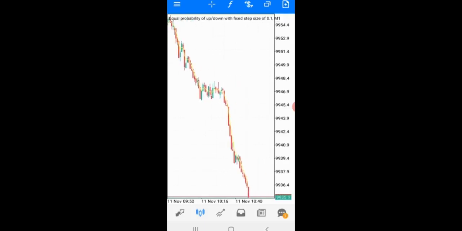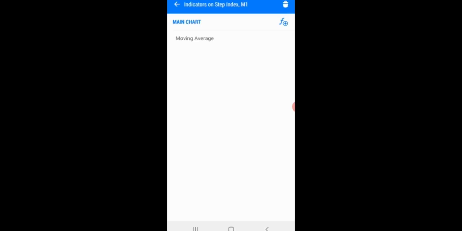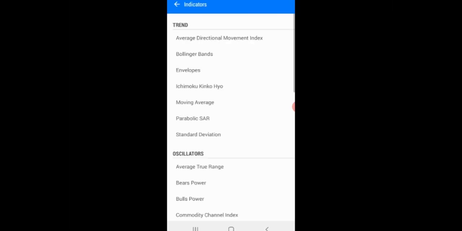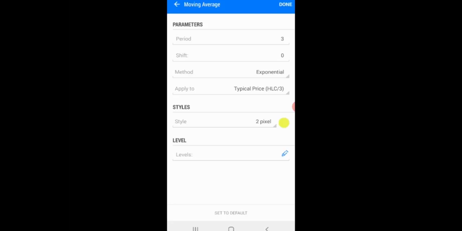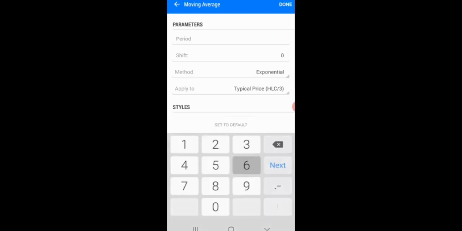Then the next indicator we need is another moving average. Add it. This time we are going to use period 60, and then shift 0 also.